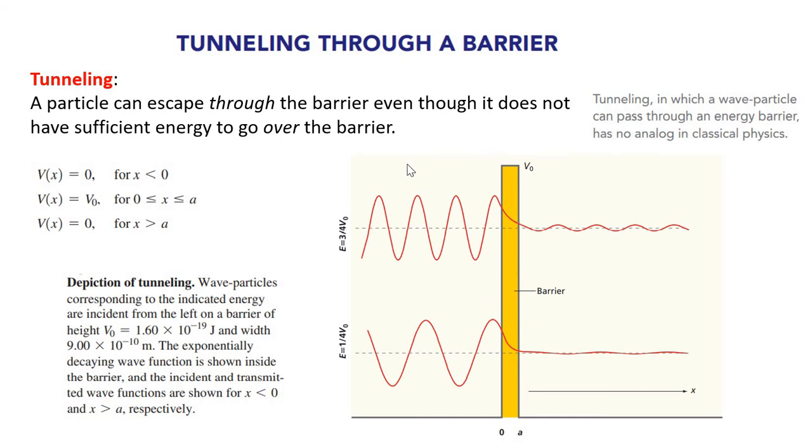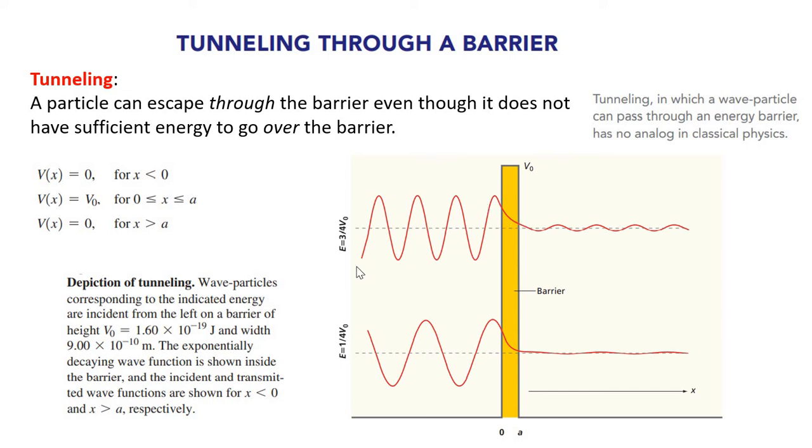That is the question. Now I am going to discuss the tunneling problem. How is it defined? A particle can escape through the barrier even though it does not have sufficient energy to go over the barrier.